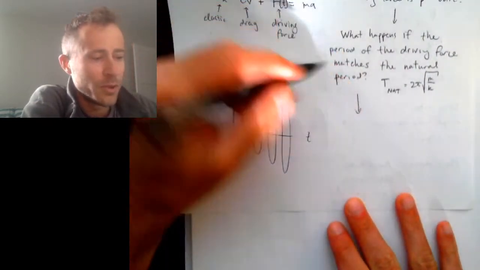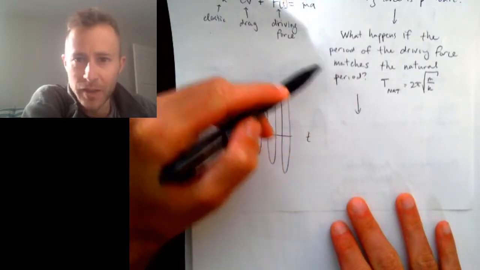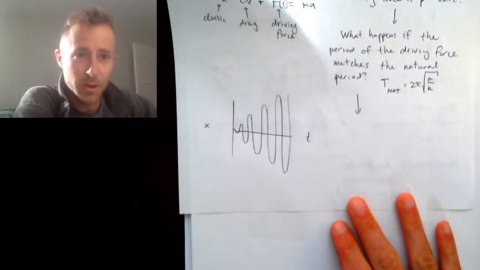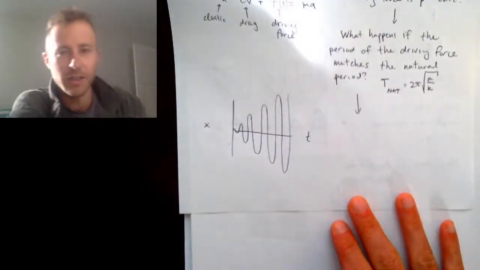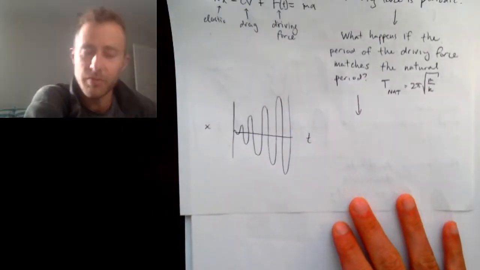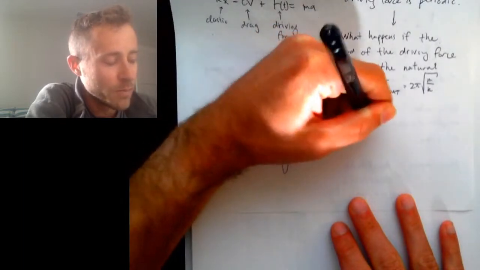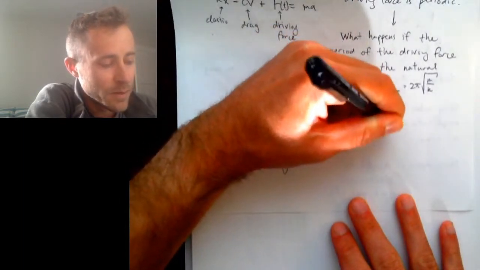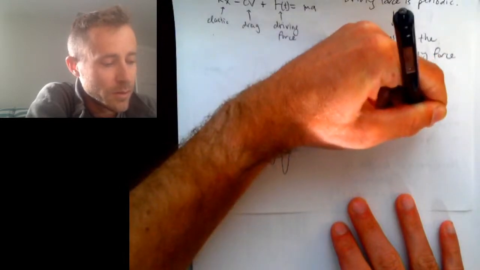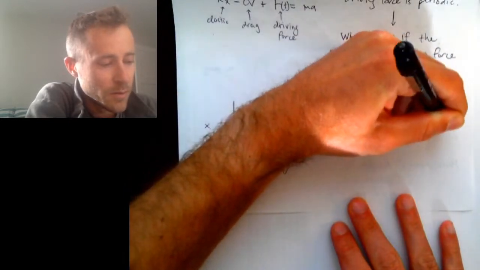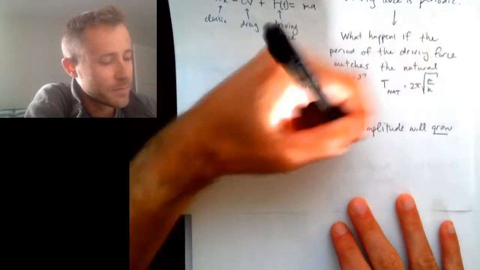So if your driving force happens to match the natural period of vibration, so you're kicking in sync or pushing in sync with the natural vibration of the object, the amplitude will grow as time goes on.